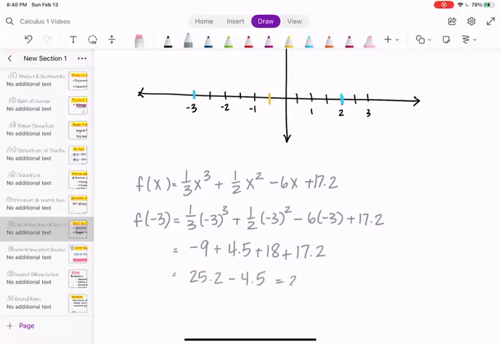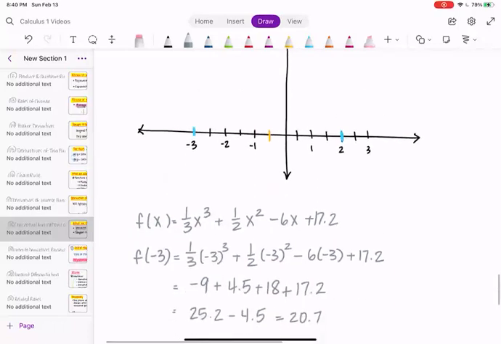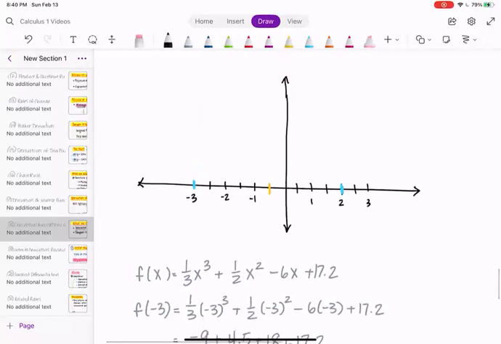That'll work out to 20.7. So I know that at x equals -3, I have a y of 20.7, so a little bit higher than that 20. So that's a true point that I have right there.